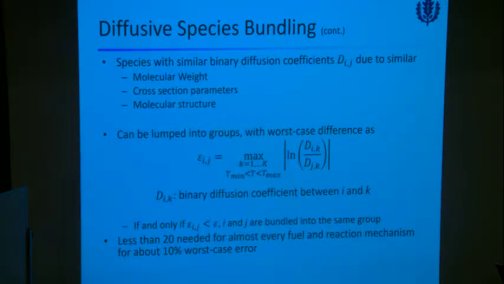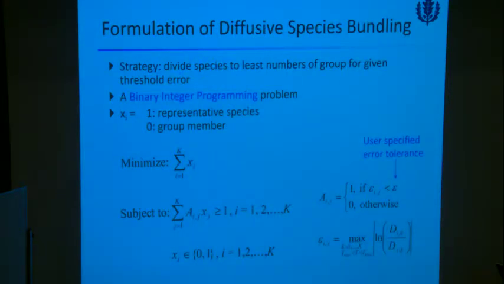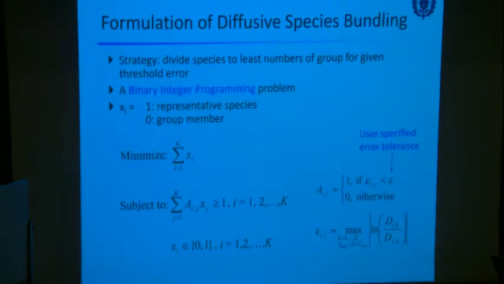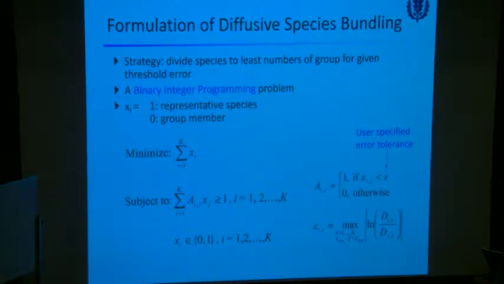You know what I want to do next? I want to map this to a pairwise problem. What we can do is we try to group all these species, okay? So this problem was converted eventually to a binary programming issue, which is a well-solved problem in discrete mathematics, integer programming.